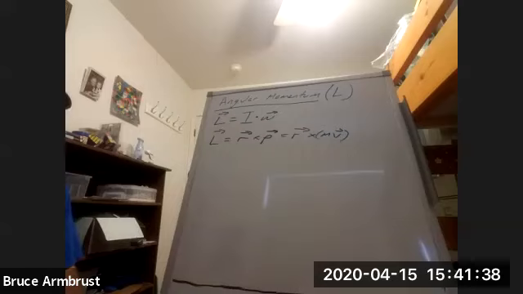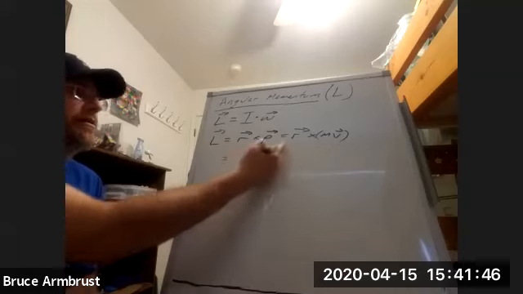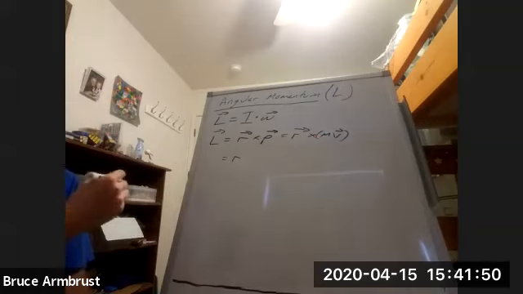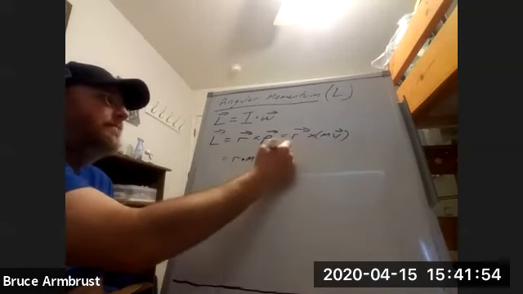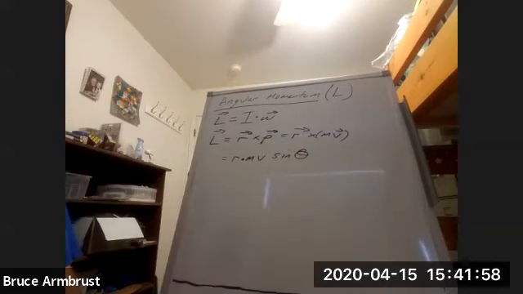And if you wanted to actually just calculate the size of this, this is going to be the magnitude of r, the magnitude of mv, so that's going to be mv times the sine of the angle between them.